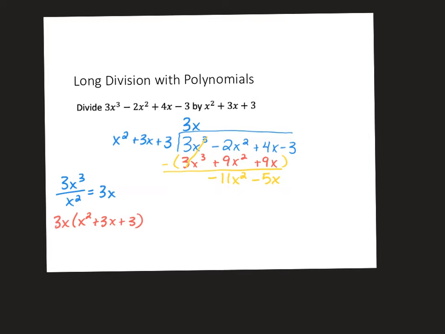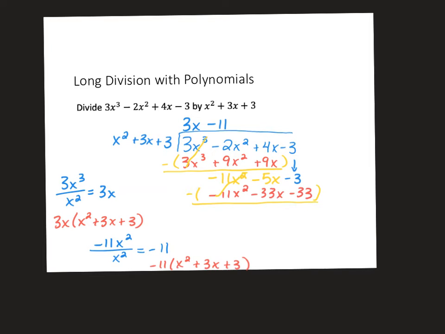Okay, keep working. Talking through our subtraction, we have a negative 5x minus a negative 33x. The minus negative becomes like a plus positive, so this is going to be 28x. And my negative 3 minus negative 33 is going to be a positive 30.